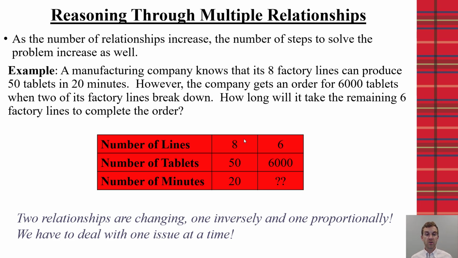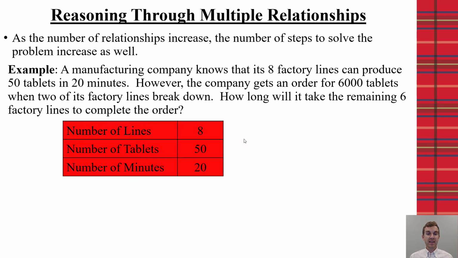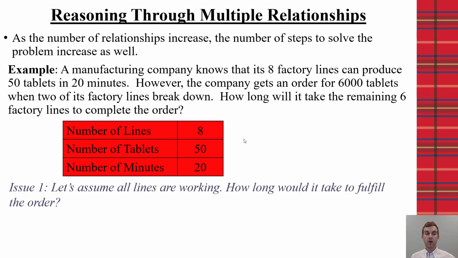So the first thing I would do is I'd say we got to deal with one issue at a time. I say, what happens if I didn't lose those 2 lines? Say instead, I'd think about what happens if there were all 8 lines available. So that would be 8 lines to do 6,000 tablets, and I want to know how many minutes that'll take.